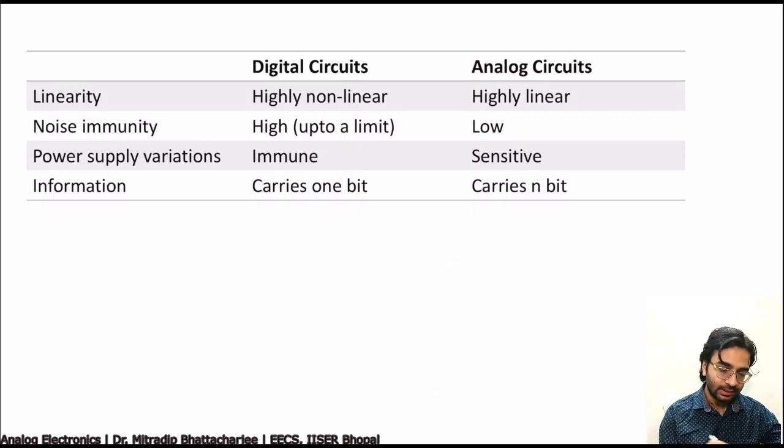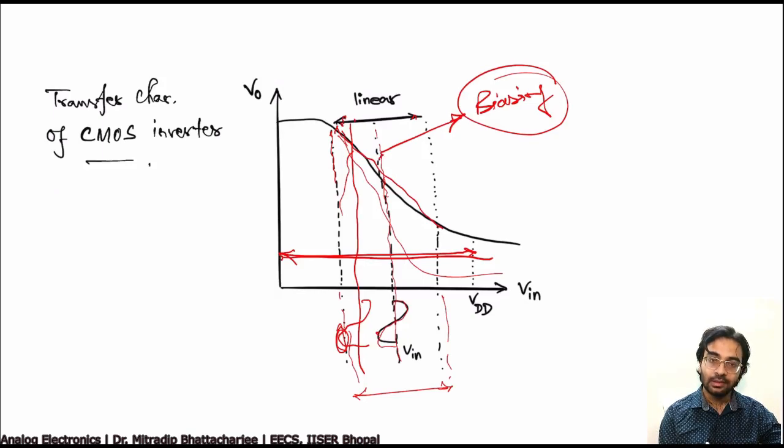So for linearity, analog is highly linear, whereas digital, as I have said, is highly non-linear. Noise immunity is high in the case of digital. I already have said the reason why it is high. Whereas for analog, it is low. For power supply variation, the analog circuit is sensitive. Power supply means the biasing, right? It depends on your biasing, depends on the power supply.